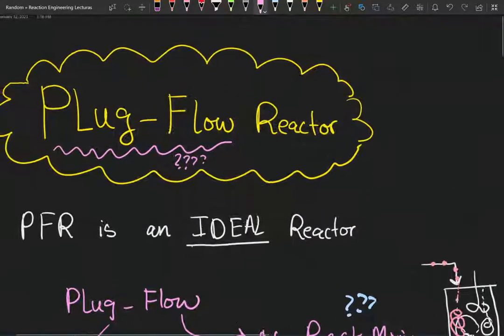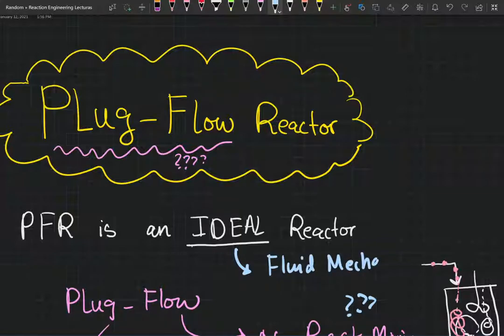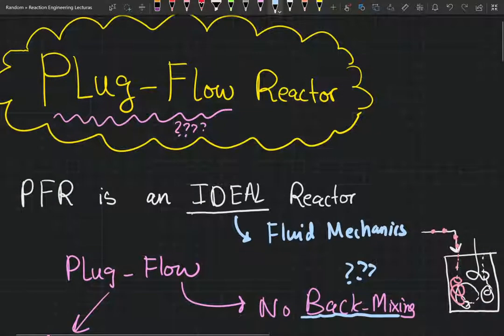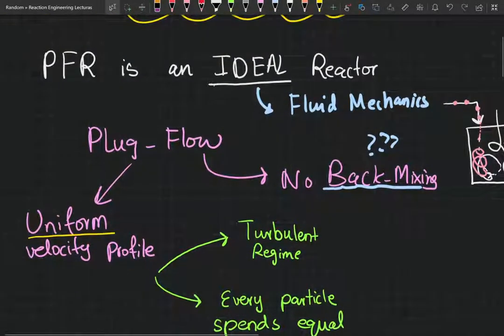Now, just to give you a recap. Plug flow, the PFR, is an ideal reactor, just like a well-mixed CSTR is an ideal reactor. The ideality comes from the fluid mechanics, the velocity profile. We talked about plug flow, uniform velocity profile.